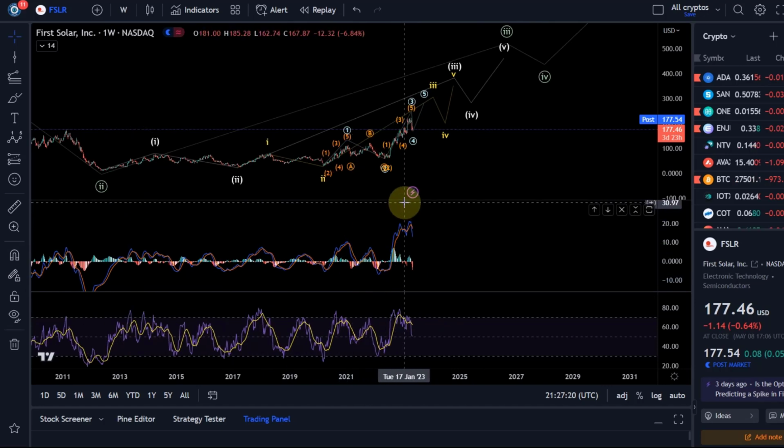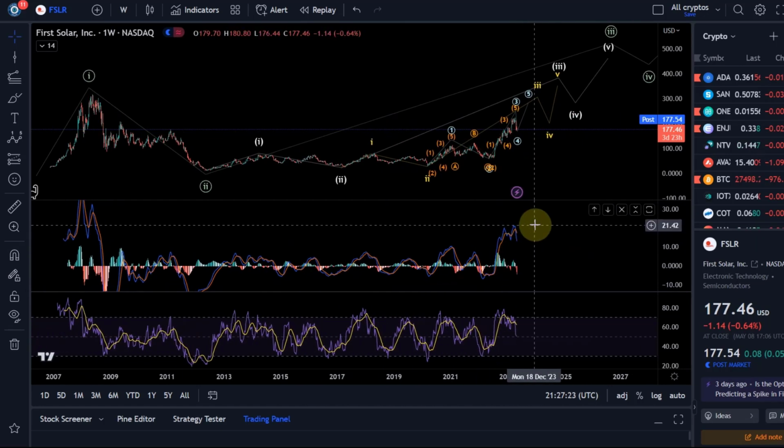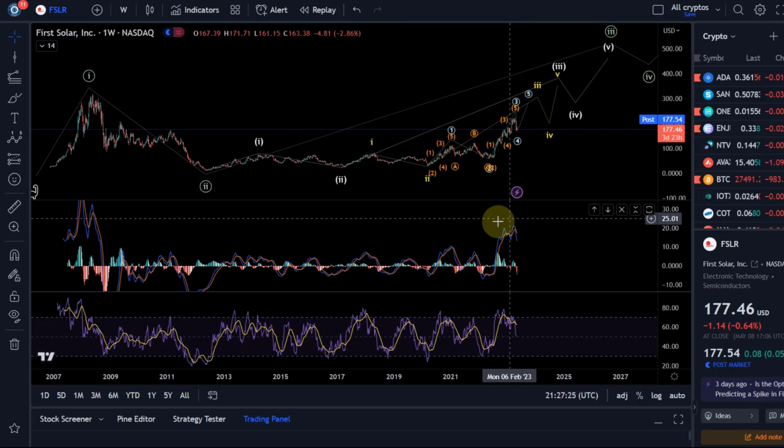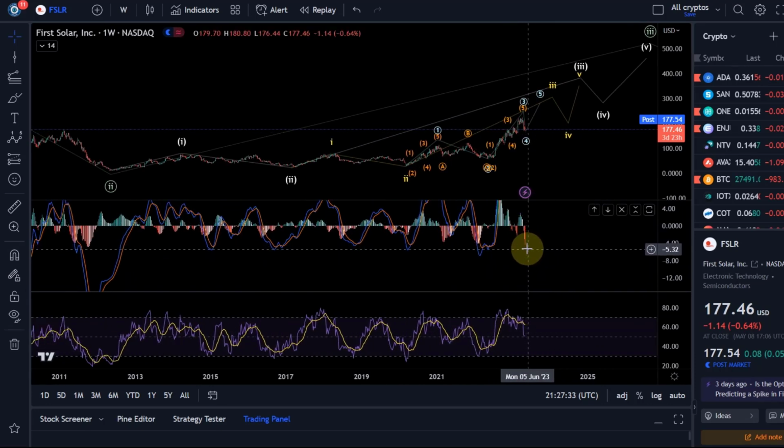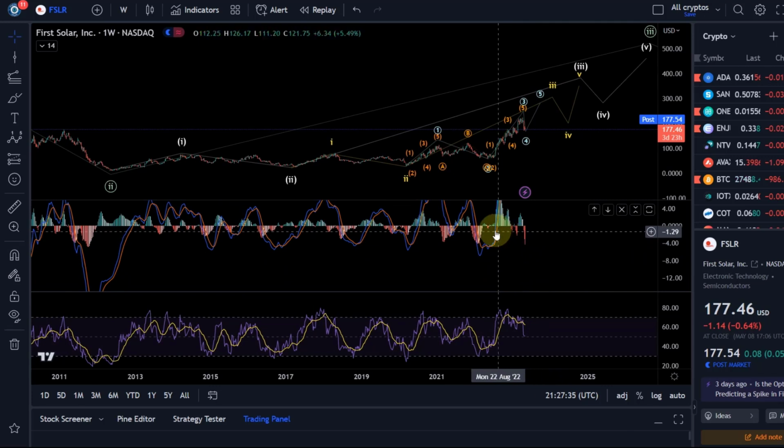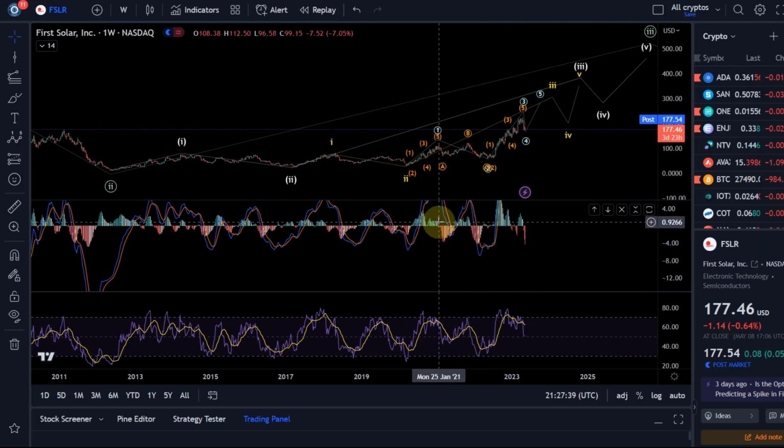The MACD is also at a pretty high level, and that's a bit of a reason for concern for me. Because this turned bearish now on the weekly chart, whenever that happened before, it did lead to quite a bit of a setback.